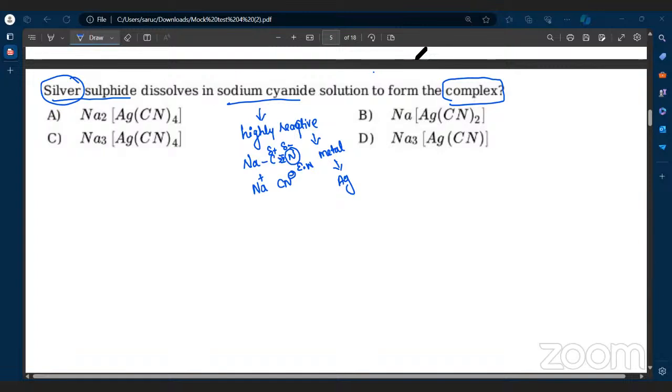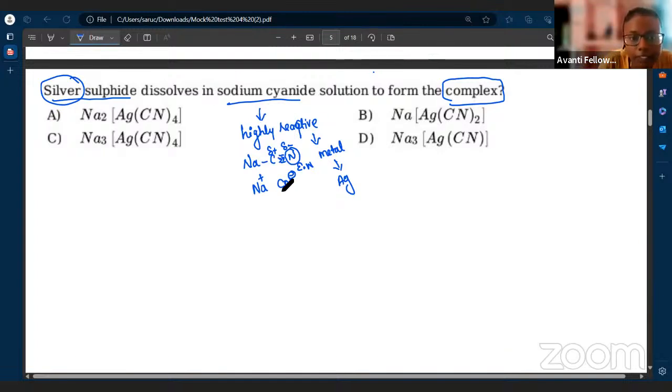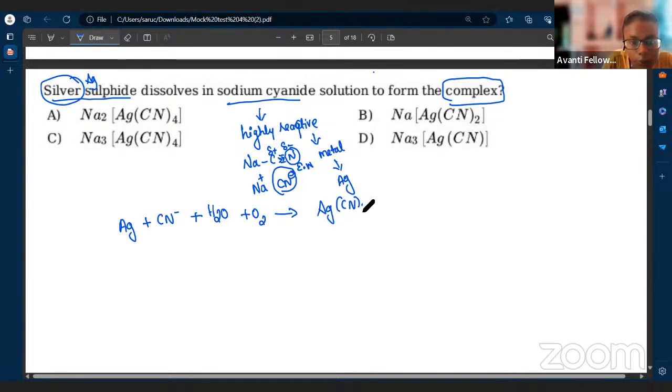So what happens here, we'll see. NaCN will give you CN-, and silver sulfide will give you Ag. Now this silver will react with CN-. It is soluble, and in the presence of water, it will give you [Ag(CN)2]-.